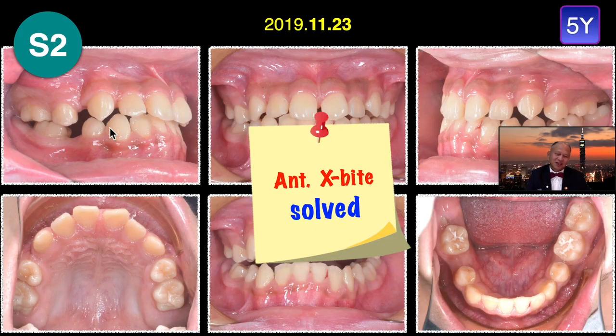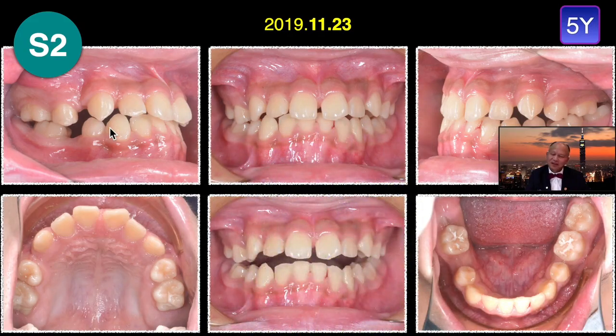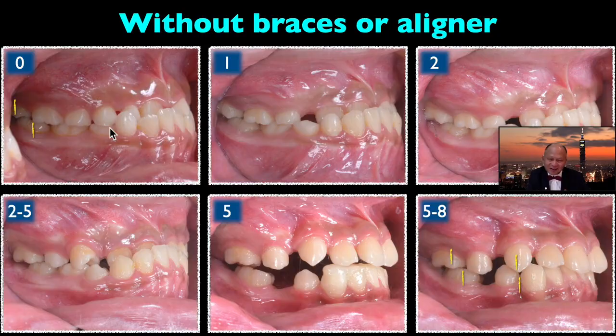And just a couple, maybe just 2 or 3 months later, the anterior crossbite was solved. Isn't that amazing? So, without braces and without aligner, we are able to get from here to here.